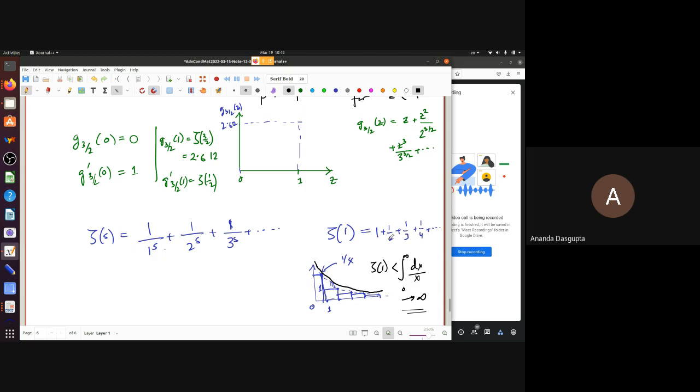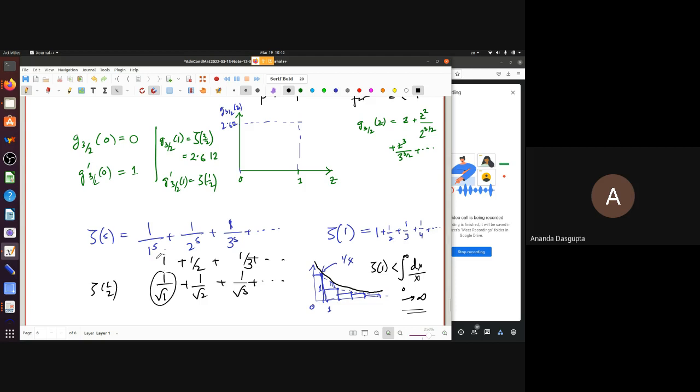So what can you say about zeta half? Zeta half is 1 by root 1 plus 1 by root 2 plus 1 by root 3 and so on. If you compare it with this series, the one which I know diverges, what can you say about each term here?